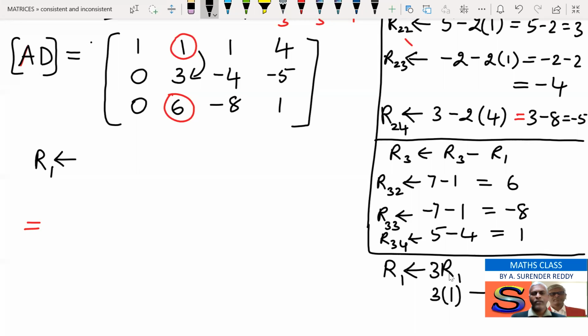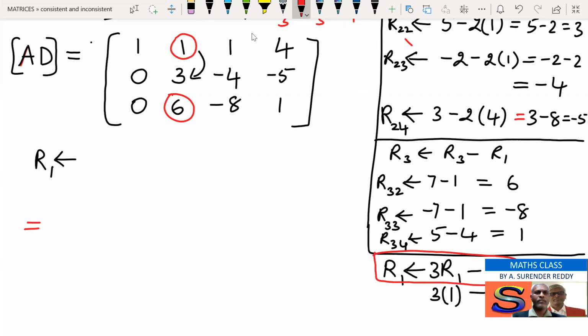So I am multiplying first row element with 3 so that they become equal. Now 3 minus 3, that becomes 0. So this is the formula to make the R1 second element as 0.